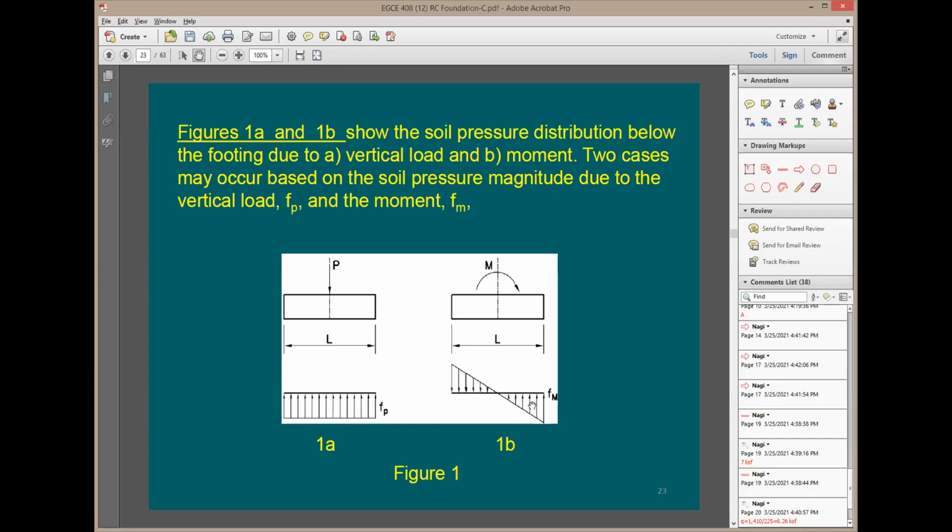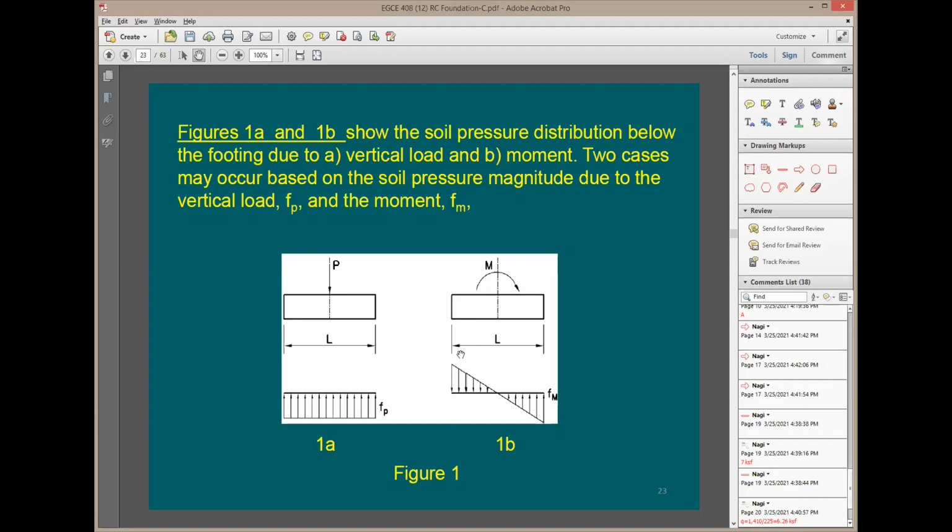Yeah. So a case like this cannot happen. If you have pure moment only, the footing cannot do anything, because now this foot is going to be lifting up above the soil, and there's not going to be any contact between the soil and the footing. So you need some axial load here to balance the footing. You cannot just have moment and a footing.